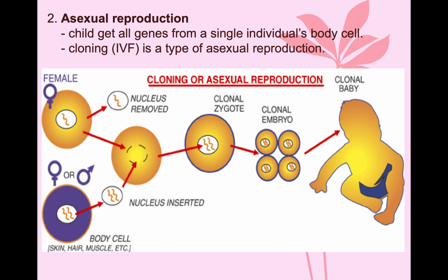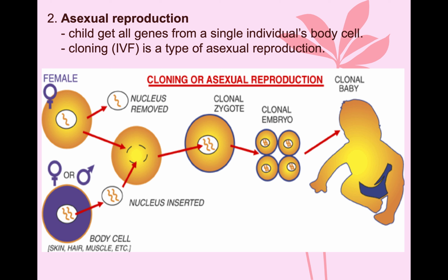The second approach is asexual reproduction. We are humans, and we don't go through asexual reproduction; only plants do. But by asexual reproduction, you could still create a child. You could still create a zygote where a child could get all genes from a single individual's body cell or from both parents.